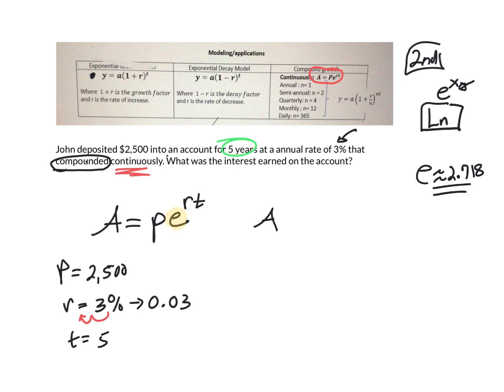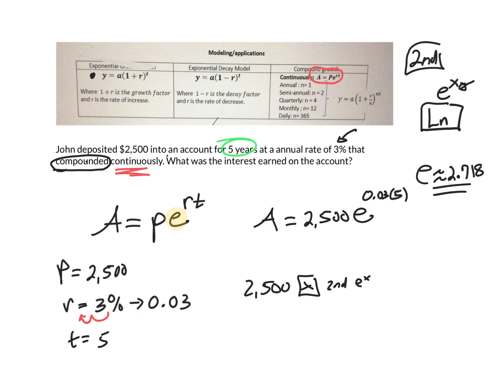So when we put that in, that's $2,500 compounded continuously. So it's e to the 0.03 times 5. So when you type that into your calculator, I would type in 2,500. I would hit my times key. I would hit my second key and my e to the x key.